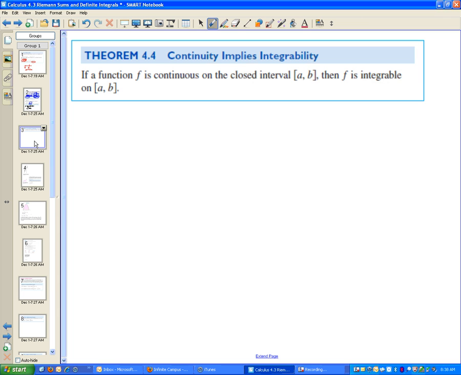I say you can find it. The integral exists. You may not be able to find it. That's why calculus books are actually thousands of pages. Our book's only 813, only about 800 pages, but I got the short version.